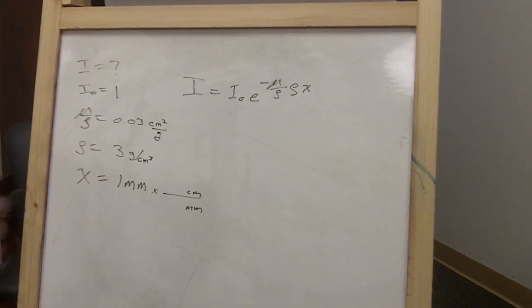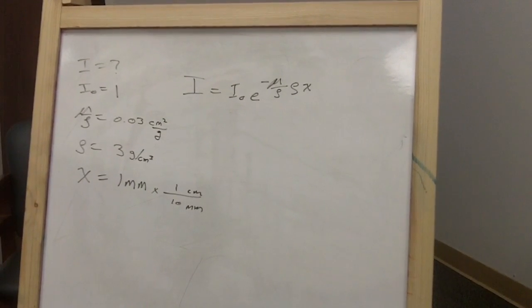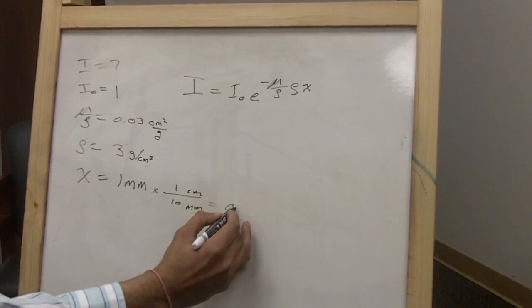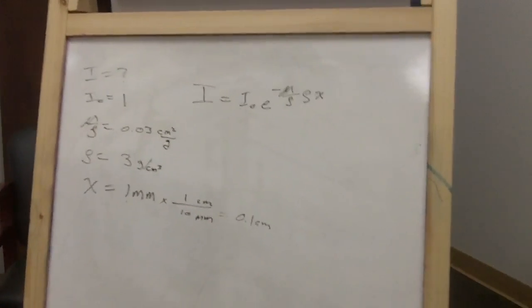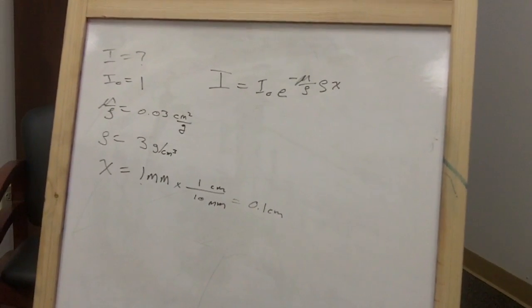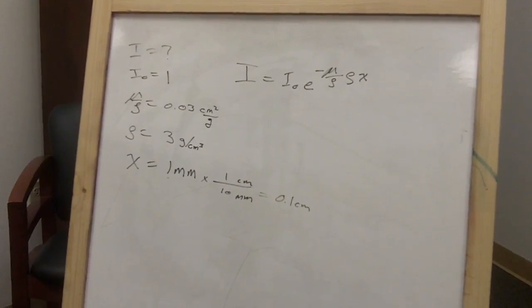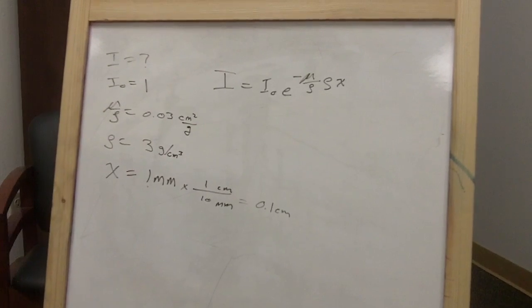How many millimeters are in a centimeter? 10 millimeters in a centimeter, right? So what does that equal? 0.1 cm. Which makes sense, 1 millimeter is 0.1 cm. You guys know that because on your OBI you always see a 2.1 cm shift or whatever. Okay. So that's everything.